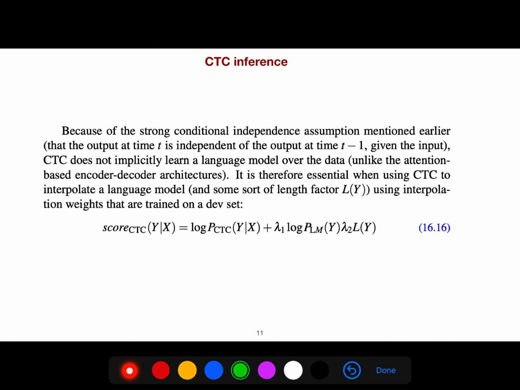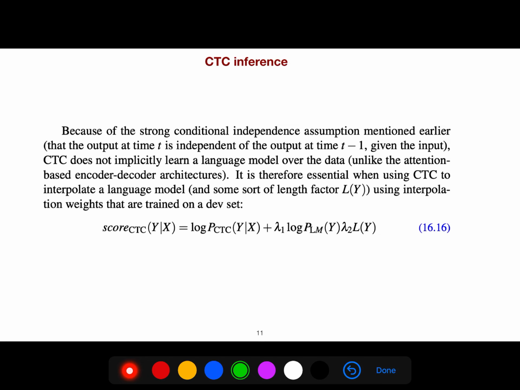Because of the strong conditional independence assumption mentioned earlier, CTC does not implicitly learn a language model over the data. It is therefore essential when using CTC to interpolate a language model using interpolation weights that are trained on a dev set.